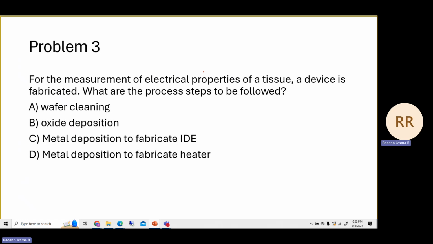We know that for a cancer tissue, we can measure some properties by using MEMS based sensors. Some of these properties are mechanical, electrical, and thermal.